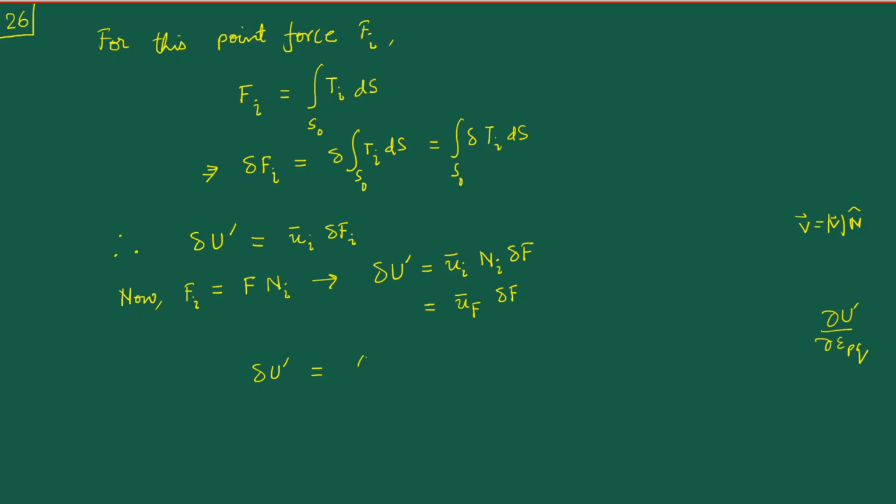So what we write here is that this is del u dash del f delta f. And mind you, suppose there were some dependence on temperature, we would have to add terms here like plus del u dash del t delta t, and so forth. Suppose there was some dependence on the electric field, we would have to keep on adding terms, but we don't have those complications here. So we just stop here and write it like this.